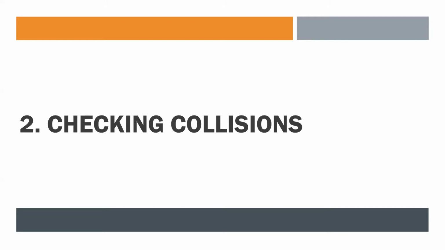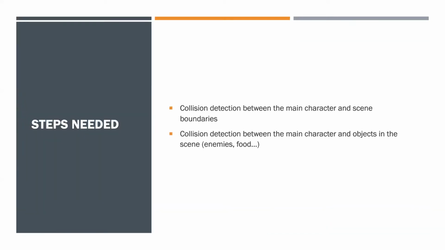Regarding collision detection, we need to talk about different types of collision. On one hand, we are going to deal with collision detection referring to the main character and the scene boundaries, so that the bear cannot go over the scene boundaries and lose the image from the left or from the right of the scene.